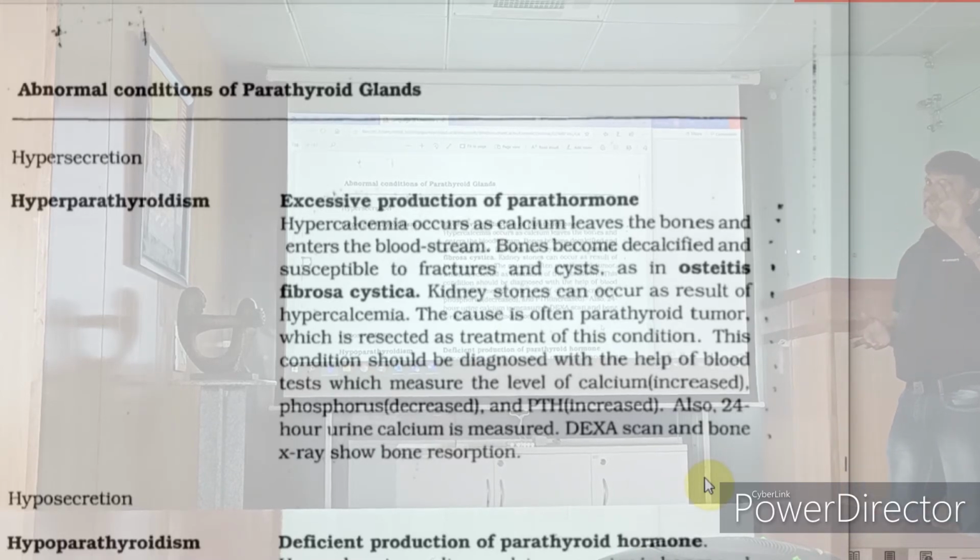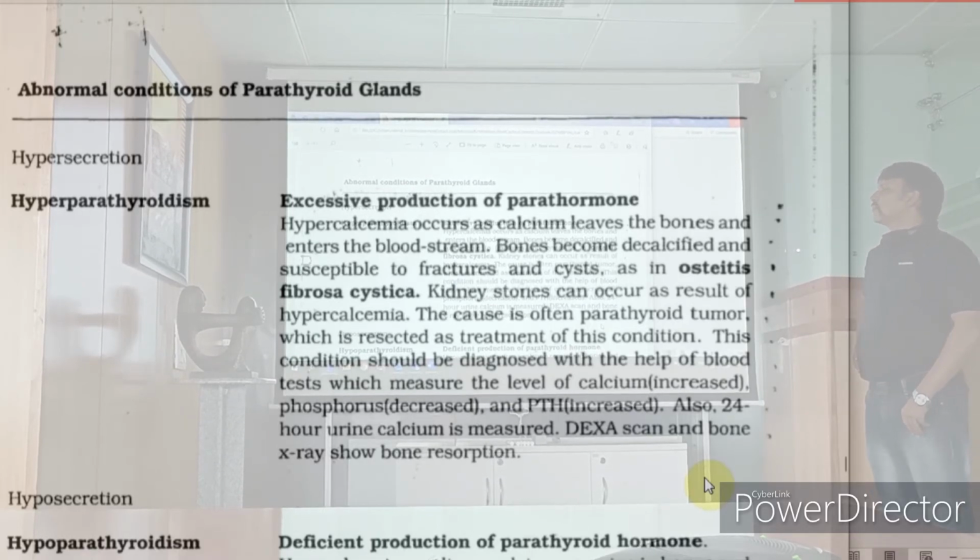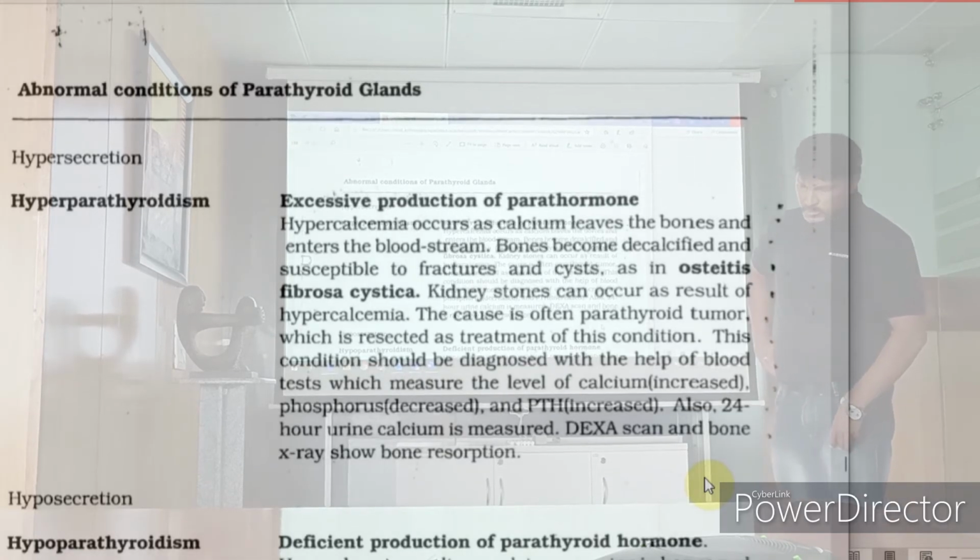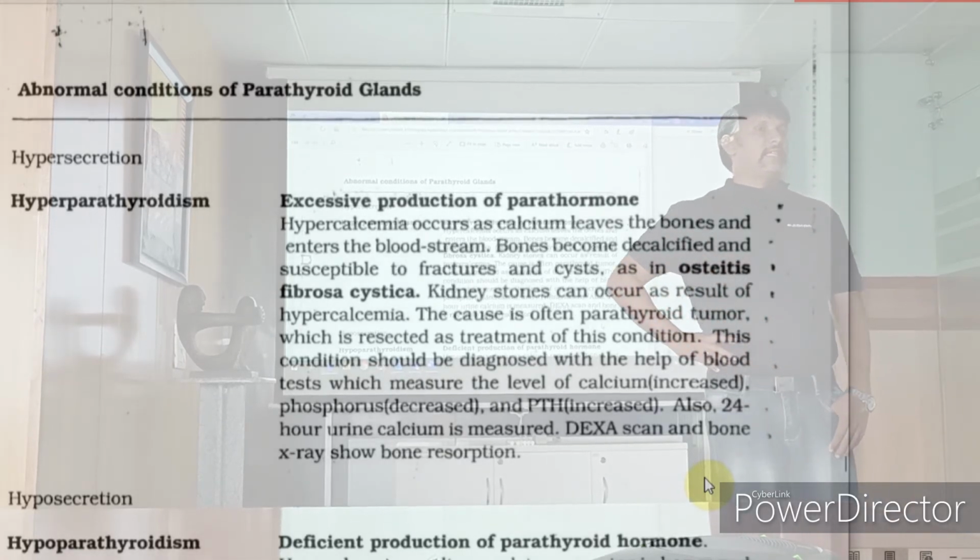A cyst is a collection of fluid. Kidney stones can occur. Obviously, more excess calcium, kidney stones. Lithiasis means stone. The other word is nephrolithiasis. You can write down the medical terminology for kidney stone: nephrolithiasis.